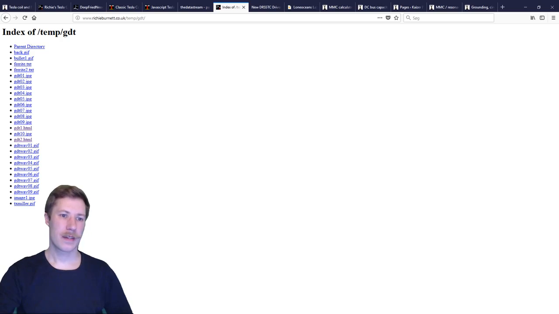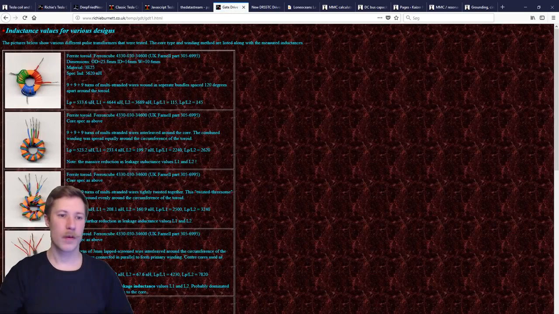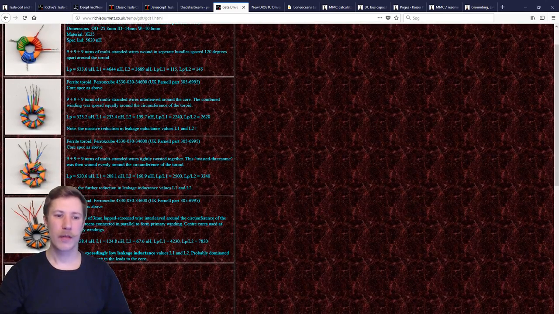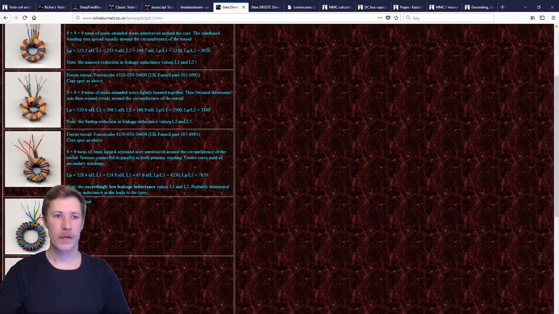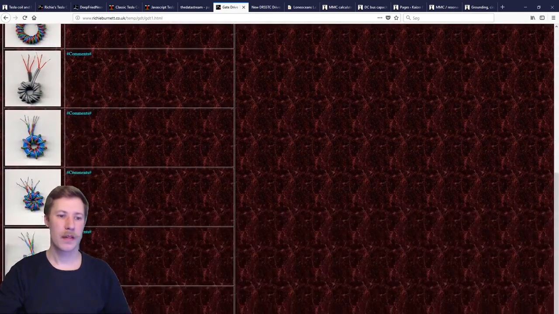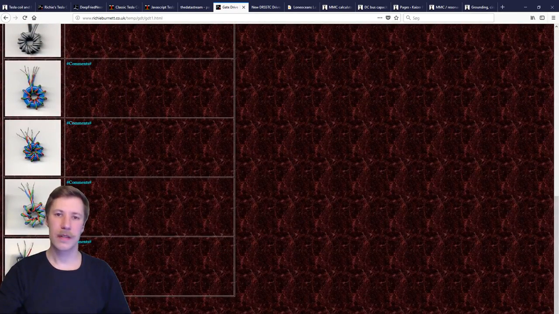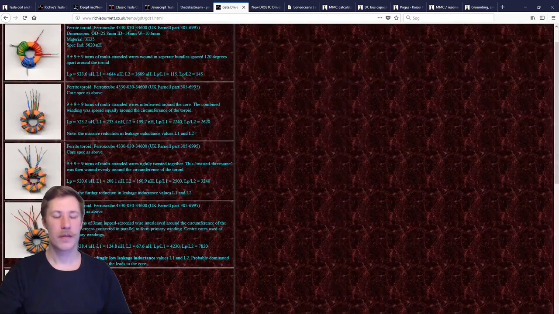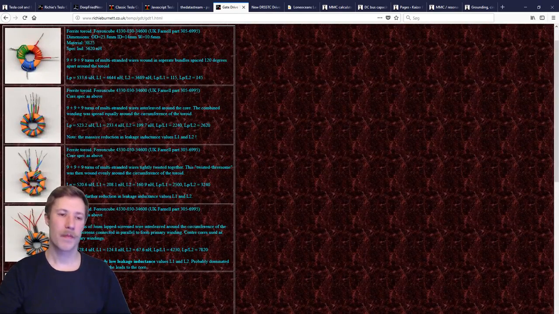In this he has some winding techniques, again as you saw on the DataStream website, and some practical results. This is with different materials and wire types, and as you can see, this is an unfinished work that never got completed, so this is why it was never made public.